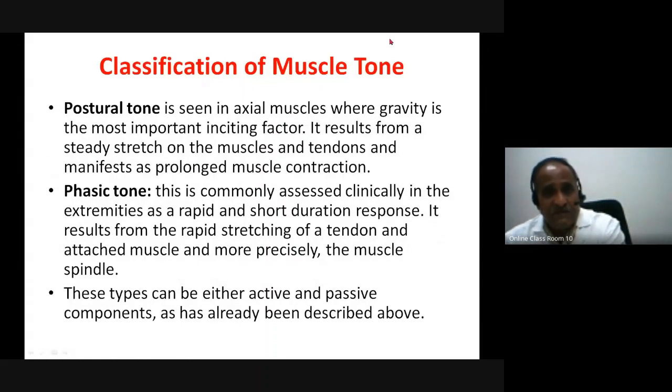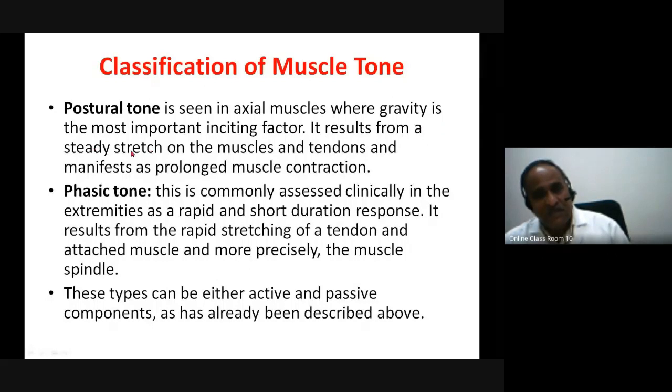Now, the classification of muscle tone. The muscle tone is classified into two components, the postural tone and the phasic tone. The postural tone is seen in the axial group of muscles. They maintain the posture, they are the anti-gravity muscles, where gravity is the most important factor.